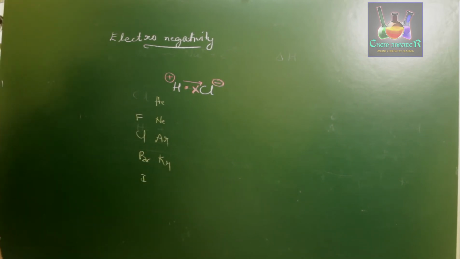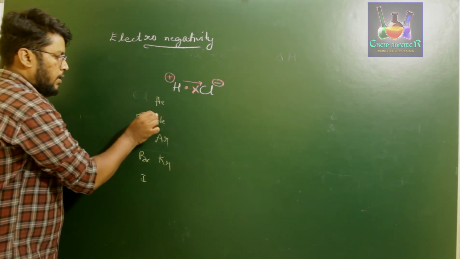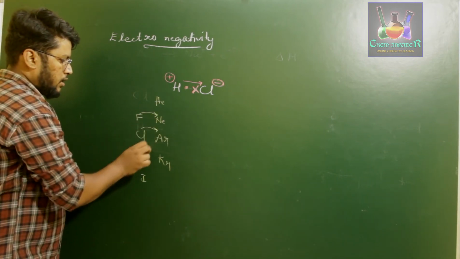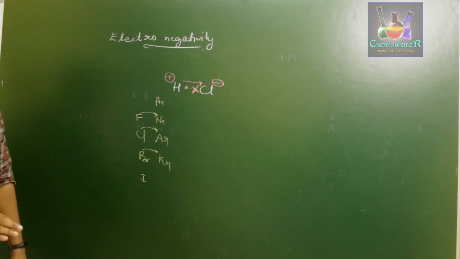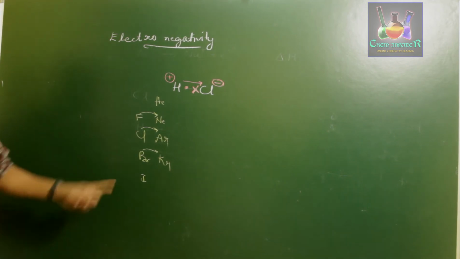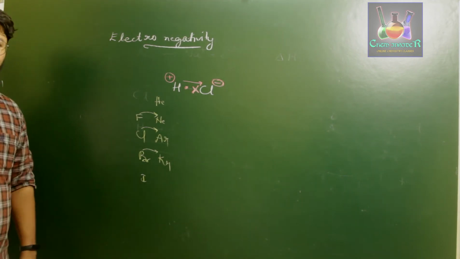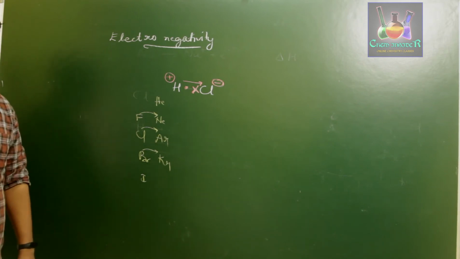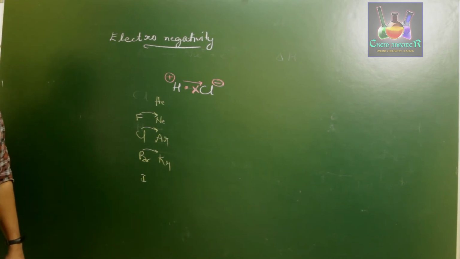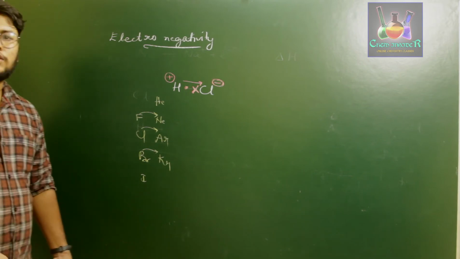In order to obtain the noble gas configuration, because as I said in the previous videos, noble gas configuration is a stable configuration and they are unreactive with other compounds, these halogens, which require only one electron to be the same as the noble gas configuration next to them, have a very high tendency to pull those electrons towards themselves.